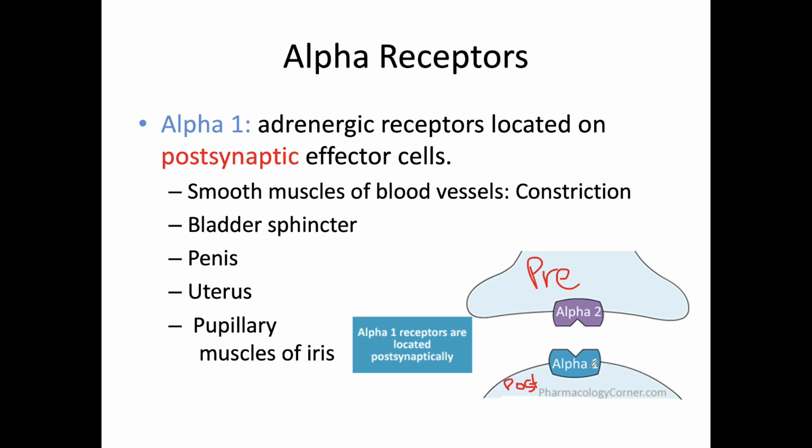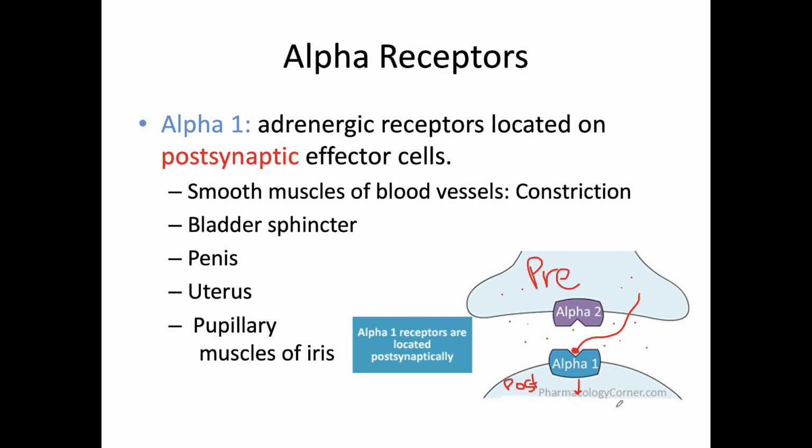The presynaptic neuron is what actually releases the neurotransmitters out into this synapse region. And let's say we're talking about norepinephrine. The presynaptic neuron will release norepinephrine. Norepinephrine will bind to the alpha 1 receptor to cause change in whatever effector cell this is.